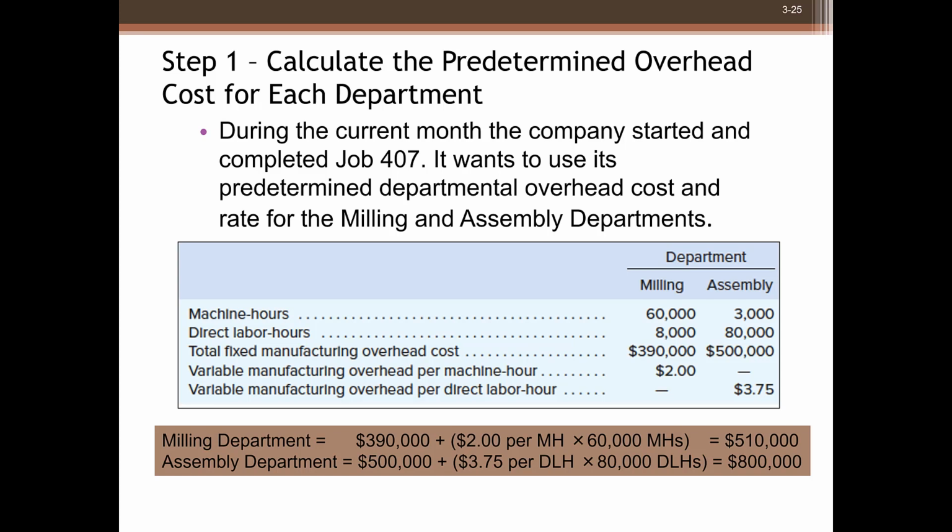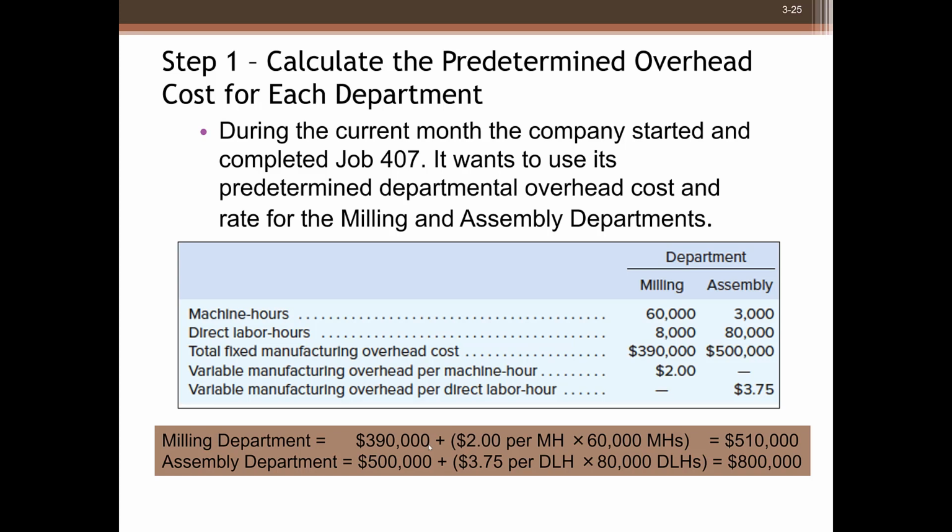For the milling department, the allocation base is machine hours. So total machine hours, 60,000, is the denominator of the formula. For the assembly department, the allocation base is direct labor hours. Estimated total direct labor hours is 80,000, so 80,000 is the denominator of the formula.